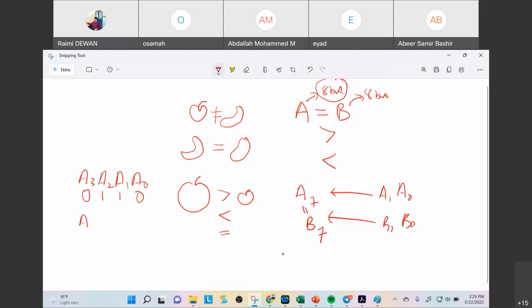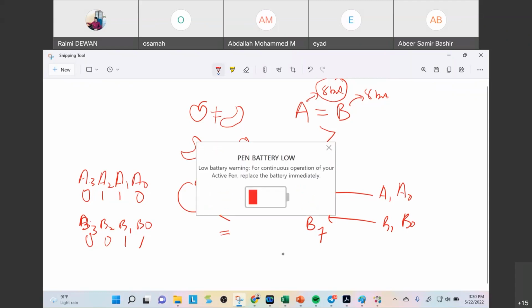And B3, B2, B1, B0 is 0, 0, 1, 1. We compare from the most significant bit. A3 and B3: is it equal, greater, or less? Can you guys tell me? Equal, greater or less?